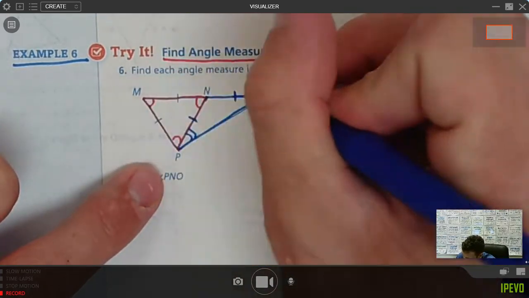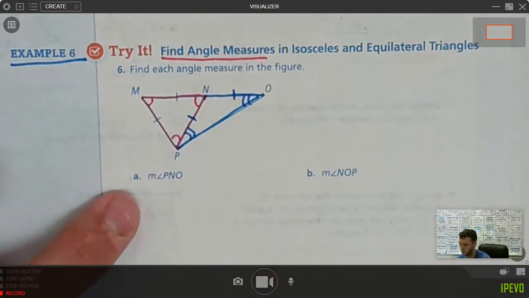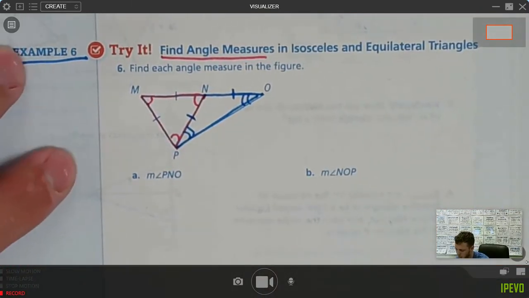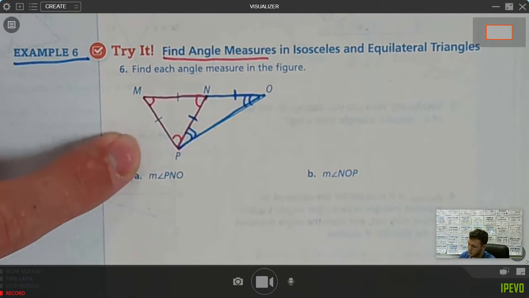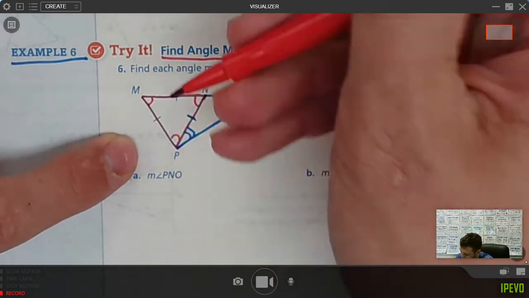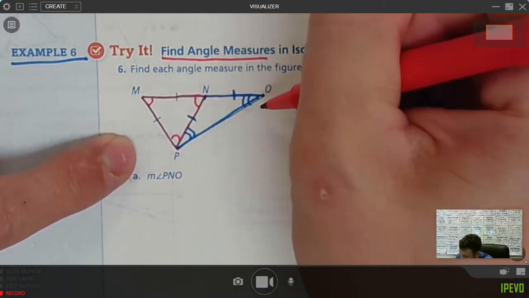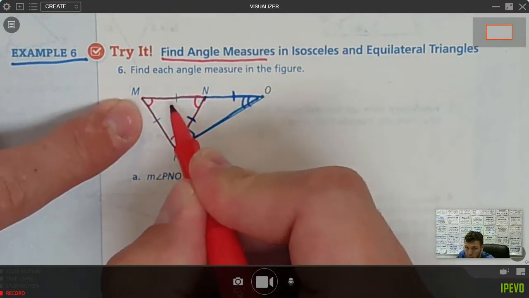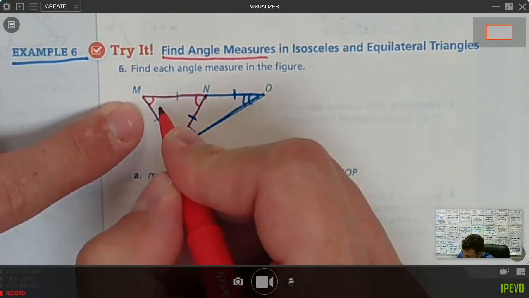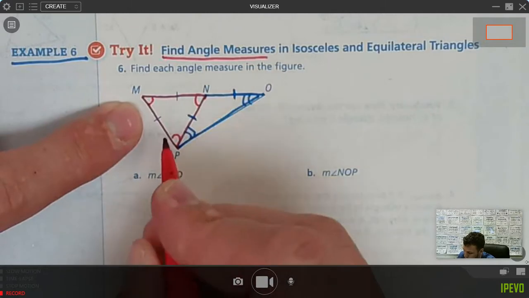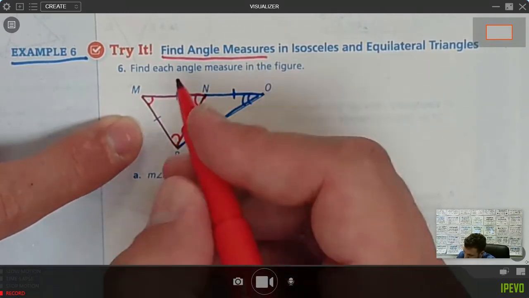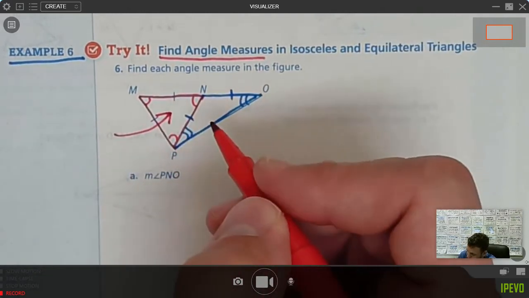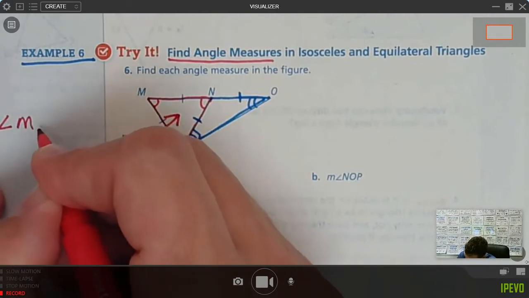The question now wants us to find PNO. One thing about an equilateral triangle is that all 3 angles have to add up to 180 degrees. So in this triangle right here, angle M, angle N, and angle P all have to be the same.